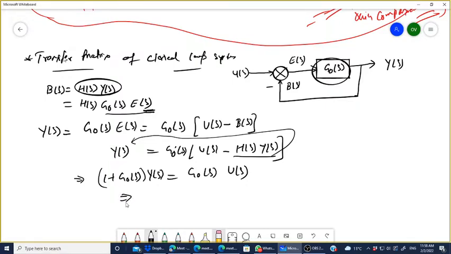Yes, sir. So now YS becomes 1 plus G naught S inverse into G naught S US, right? So this is the value of YS.